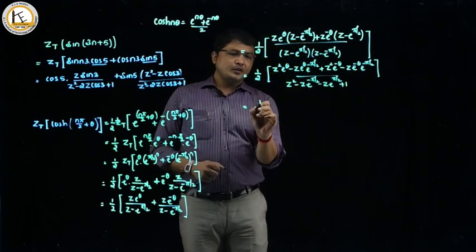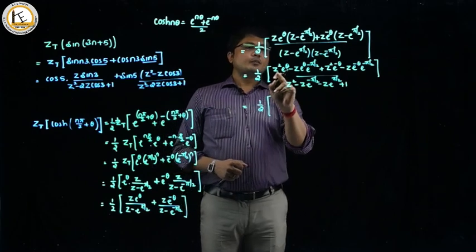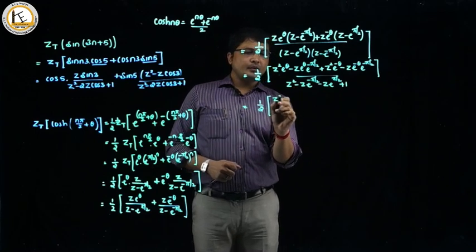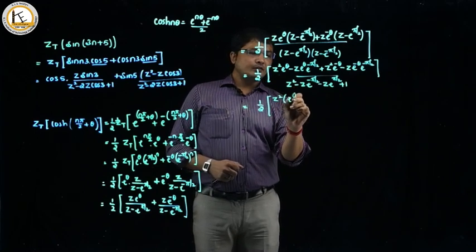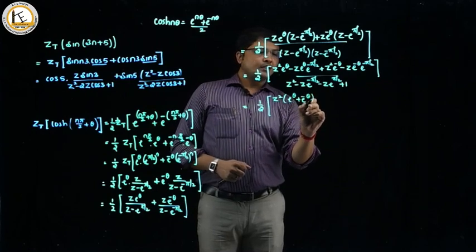Simplifying it further, 1 by 2 into bracket. So obviously from the first and third term we are having z square common, so inside the bracket it will be e raised to iθ plus e raised to minus iθ.